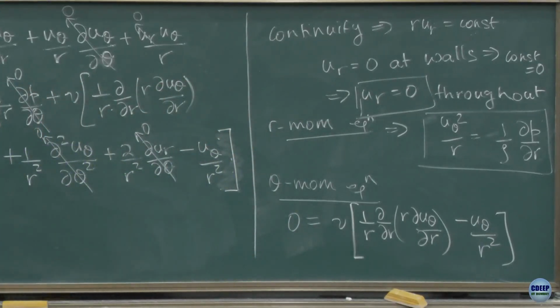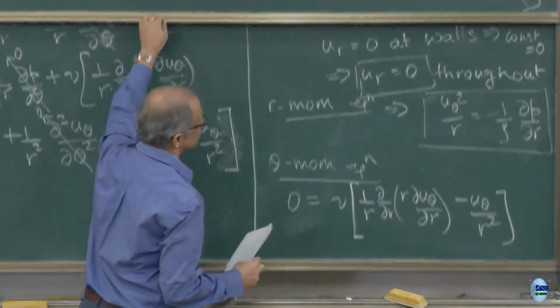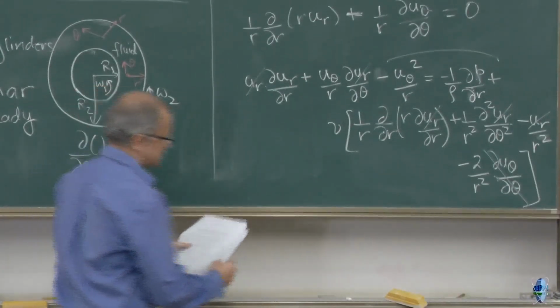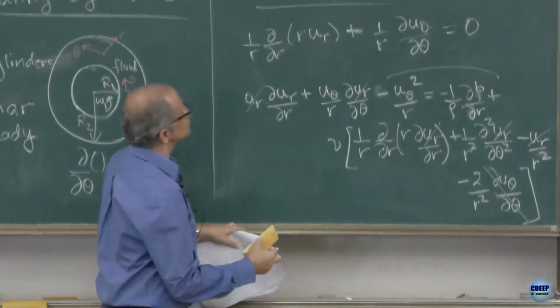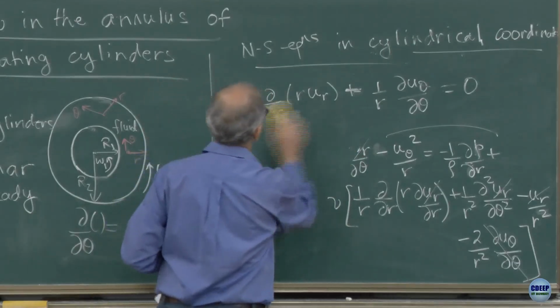Okay, questions here? So maybe we will just simplify the theta momentum equation. I don't have to keep saying that it's the theta momentum equation. We know that's the only equation that is meaningful to be carried forward and solved.